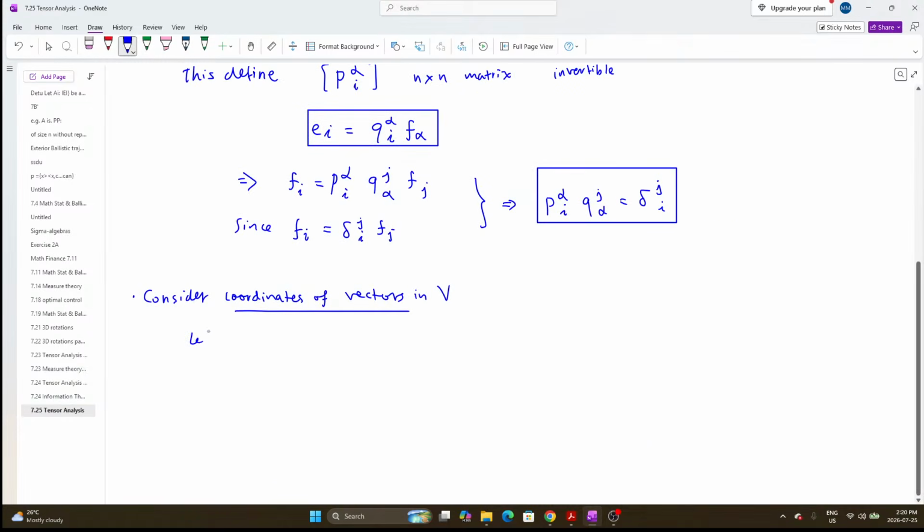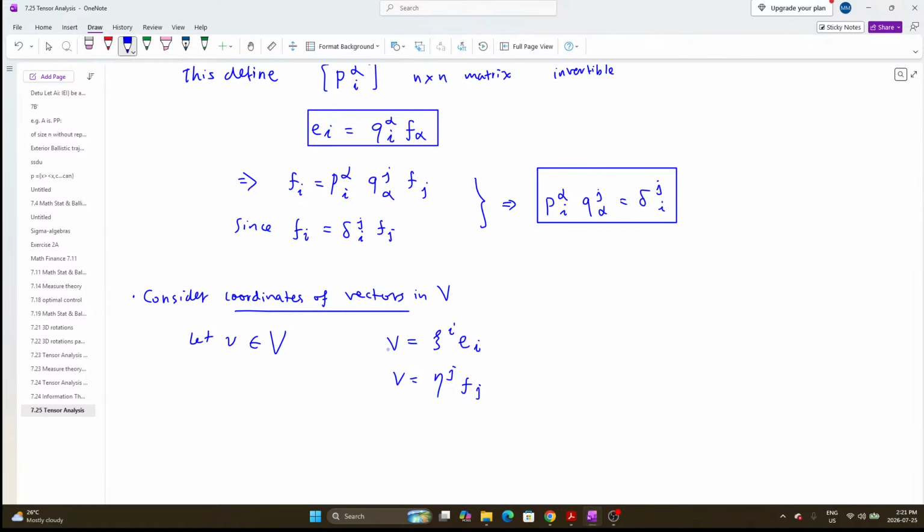So let little v be in big V. You can expand v relative to E, and you can do that relative to F. So v is xi I EI, with I summed over, and v is also eta j Fj.